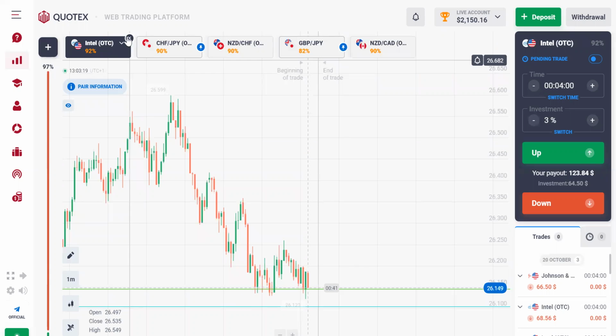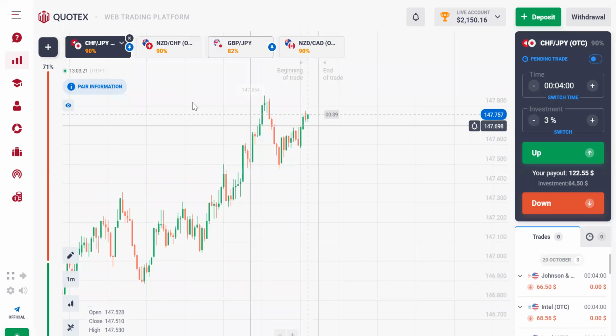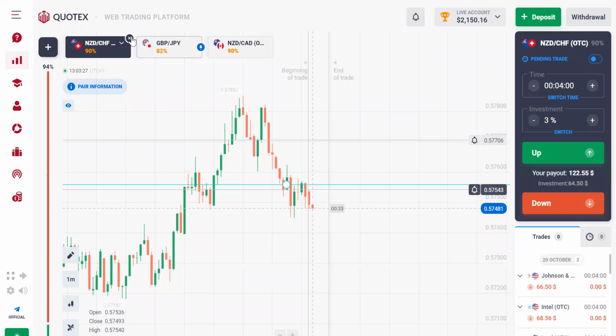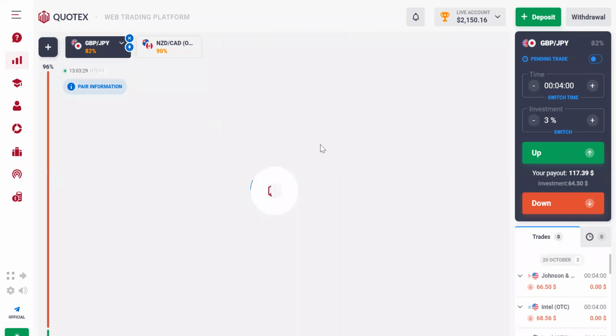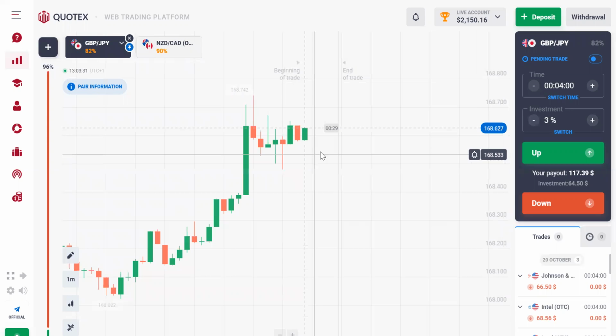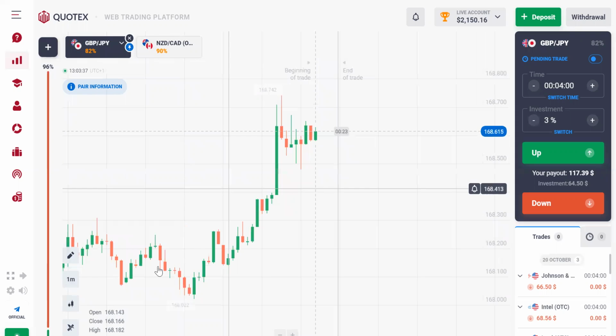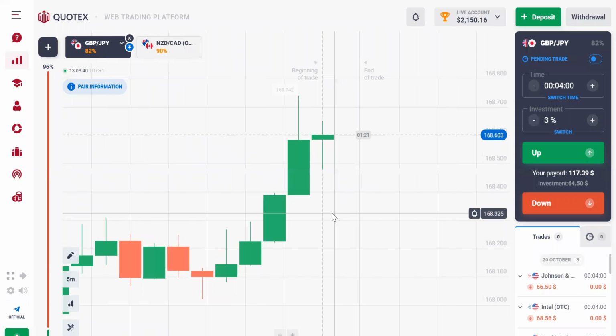Let me just take all these off so I don't get distracted. This one's still rough, and this one is clearly consolidating. I don't know if it could give us some signs of reversal.